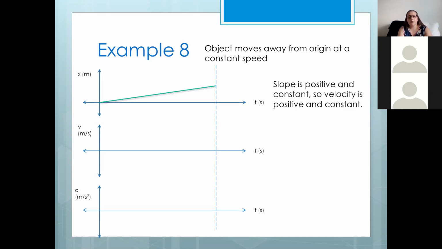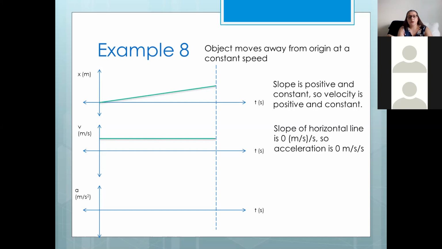I didn't give you numbers because right now I'm just interested in shapes, so disregard numbers for a few moments. When we have a positive constant velocity, it's a flat line at some positive number, whatever is equal to the slope of that line.